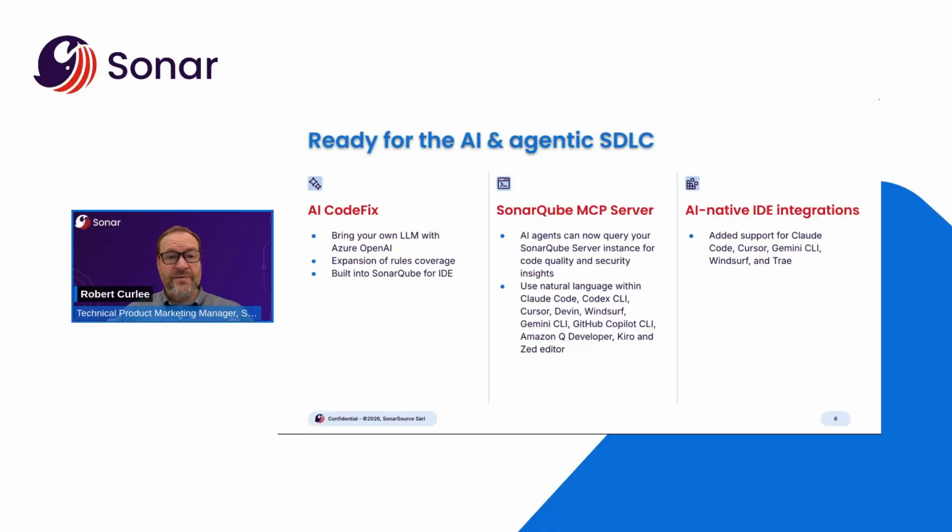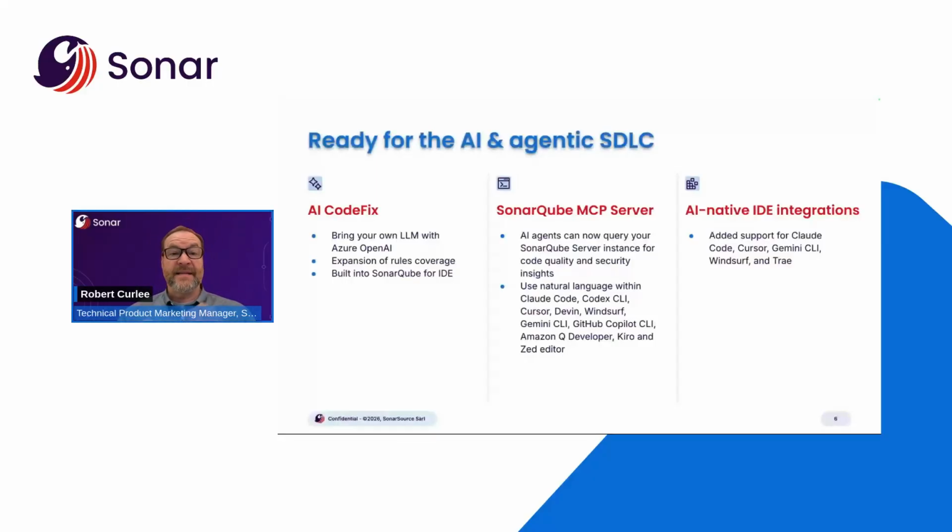And then what's really cool now is that AI Code Fix is built into SonarQube for IDE. So as you're in your IDE, we'll get you those AI Code Fix results instantly within the IDE. So some really powerful, cool stuff happening with AI Code Fix and these automated code suggestions from LLMs.